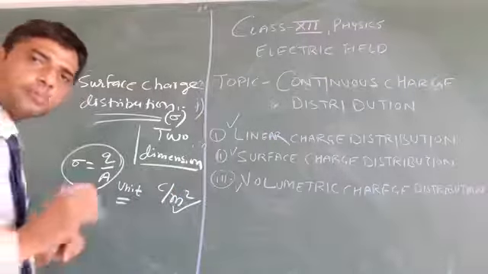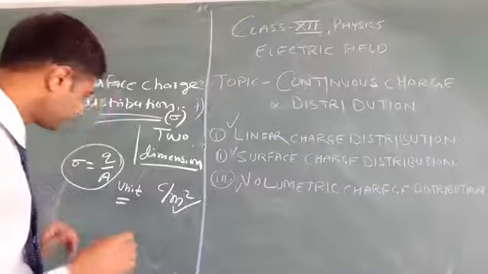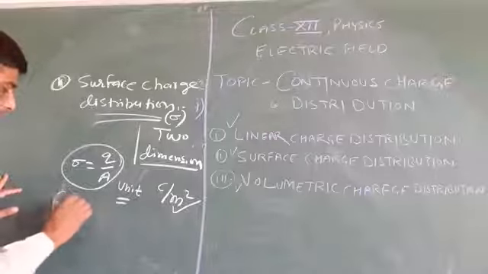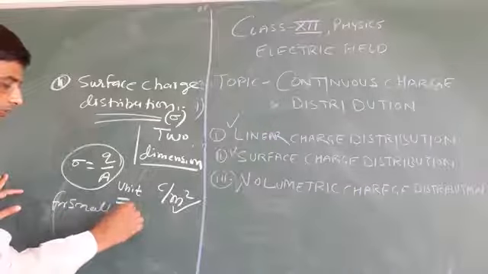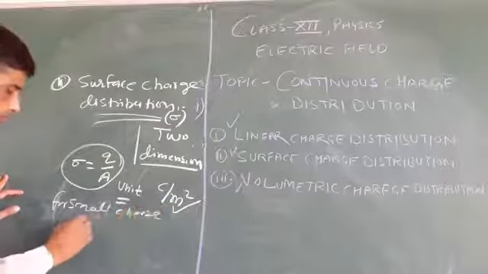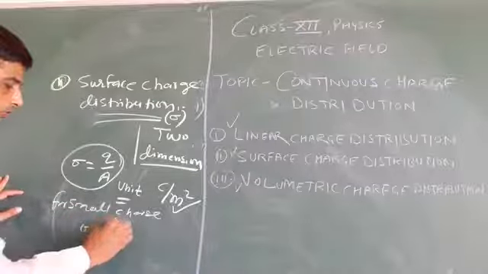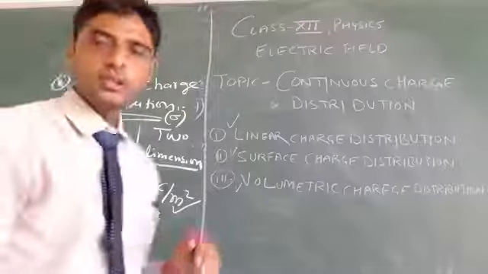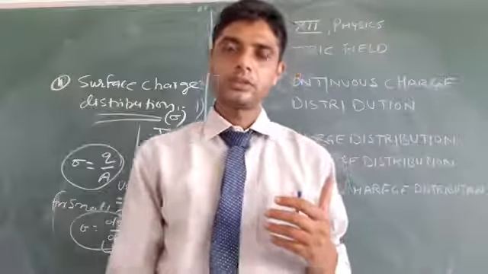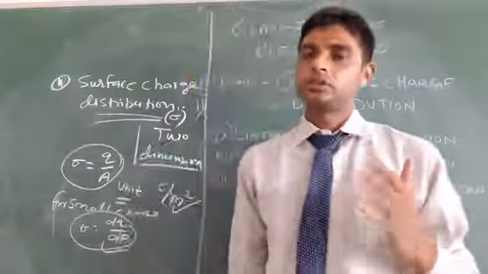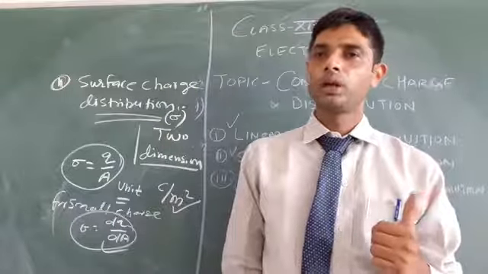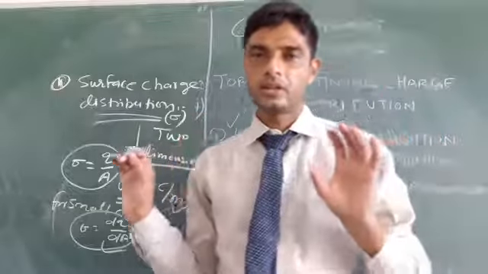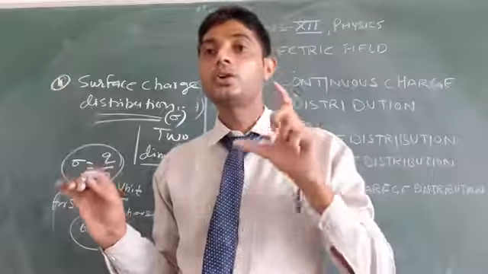For a small charge, sigma is equal to dq upon dA, and the unit is the same. For surface charge density, sigma is equal to Q upon A. In this type of distribution, charge gets distributed in two dimensions.